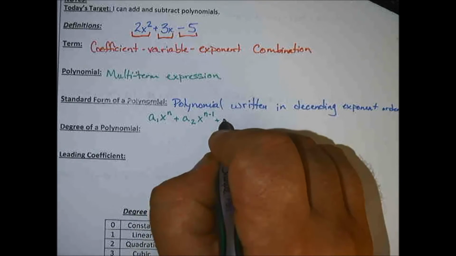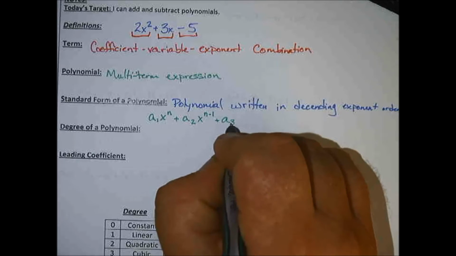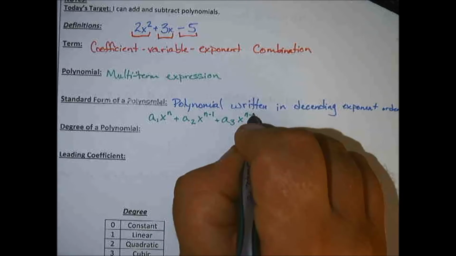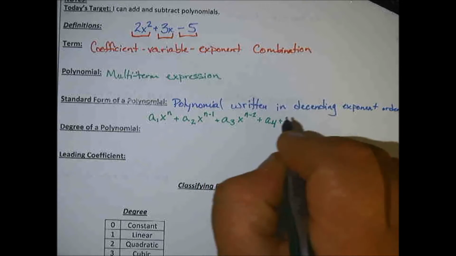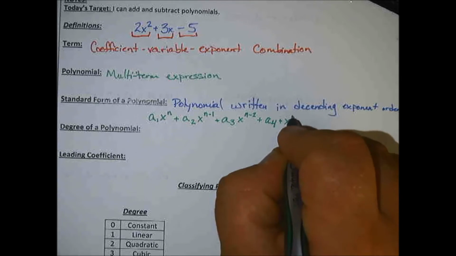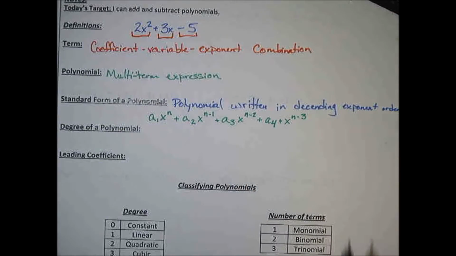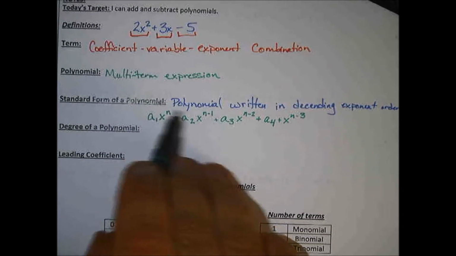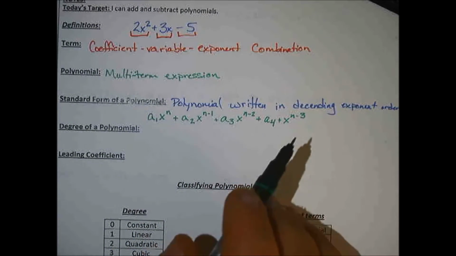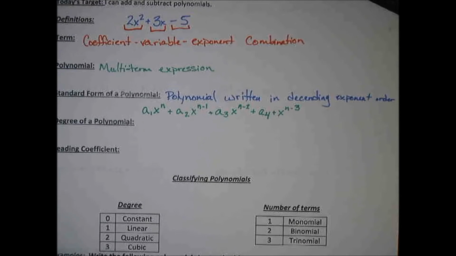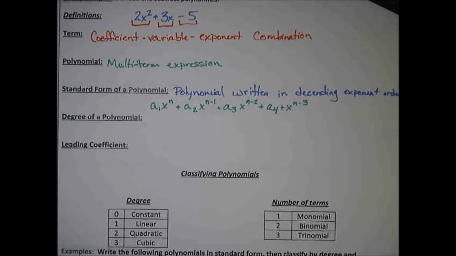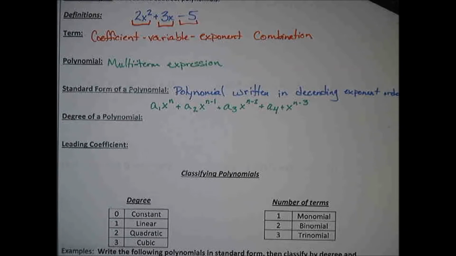So then plus a3 x to the n minus 2, and we're going to end at a4 plus x to the n minus 3. Okay, just meaning that as you see it, those powers keep going down. They don't have to go down by 1, but if it's available to have exponents go down by 1, that's the way that you should write it. And we're going to get a better look at that as we go here.